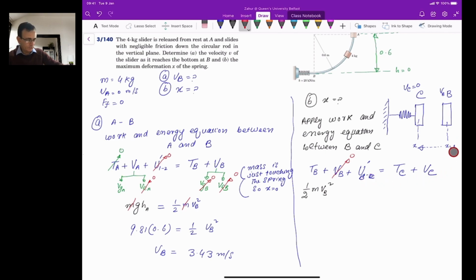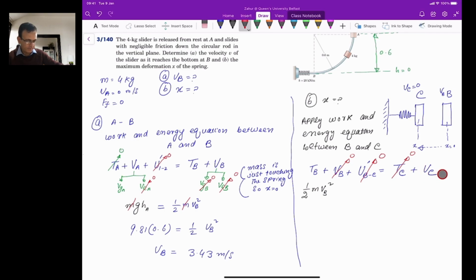So there is no elastic potential energy and no gravitational potential energy. Then you have this term here, which is the work done by all other forces other than gravity and spring. In this case there is no other force, so we can write this as zero. Now we know that at location C the velocity is zero, so this term will also go to zero.